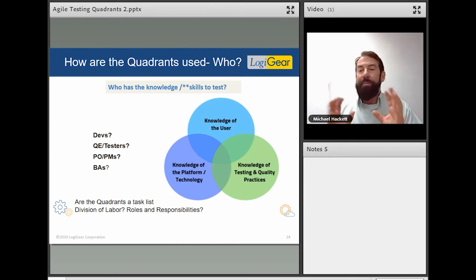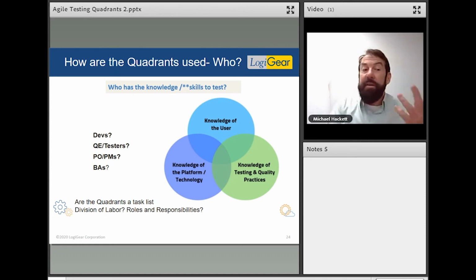So if I'm going to rely on someone who has knowledge of my customers to come up with customer transactions and workflows, who can come up with those tests when? Is it going to be my developers? Am I going to have QEs, quality engineers, test engineers who have that kind of knowledge of the user? Of course, POs and BAs, their main job is knowing the user.